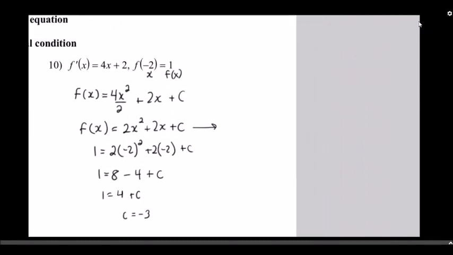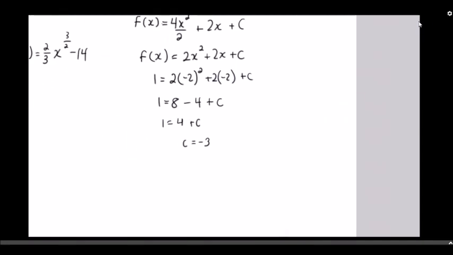So the particular solution is f of x, well, I'm gonna run out of room there. Guess we can write it on the bottom. F of x, 2x squared plus 2x minus 3.